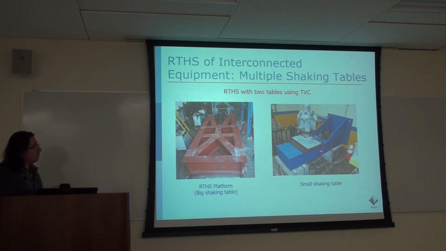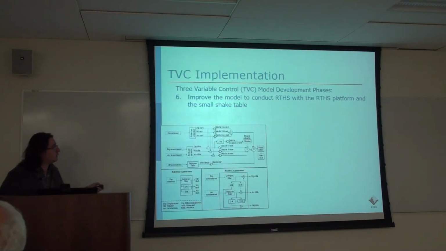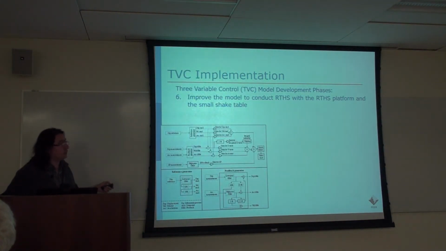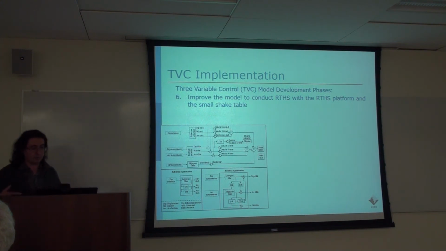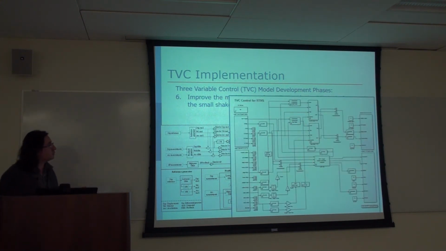Once we assembled this table in the lab, both of these were basically tuned with TVC, and this actually required a bit of improvement of the Simulink model, because the Simulink model obviously became a bit more complicated, and the reason is we basically needed two TVC blocks, one for each table.